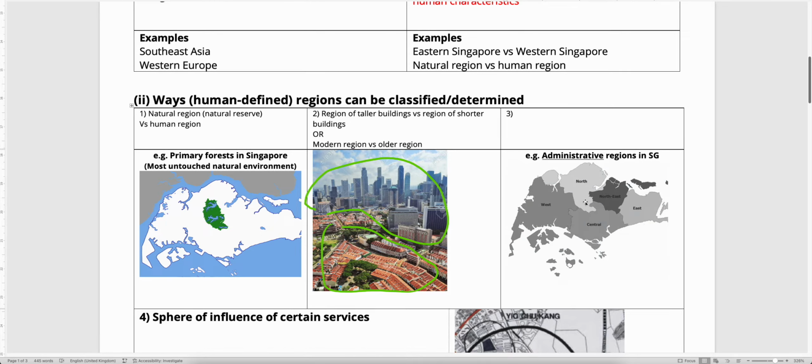They more or less group them based on geographical direction, right? So we region based on cardinal direction. So we have the North versus the West versus the Central, etc. This is one way people group. Humans may define regions based on the cardinal directions, the geographical directions.